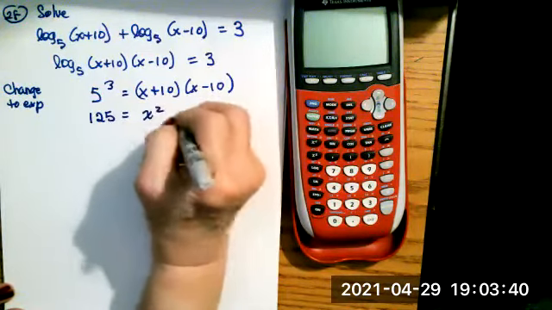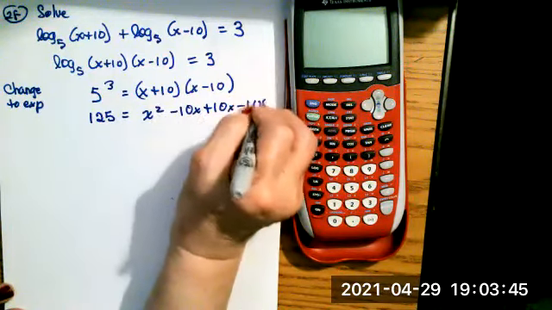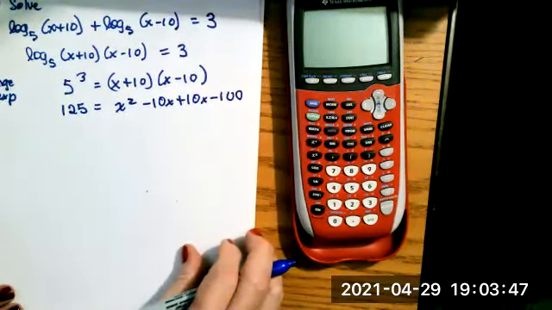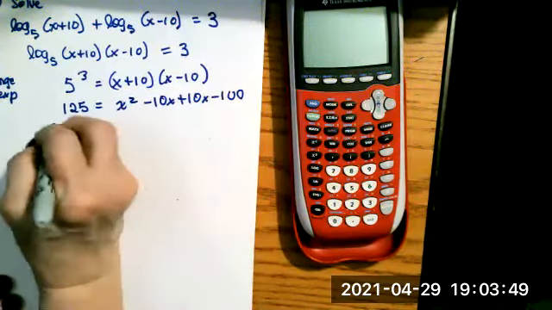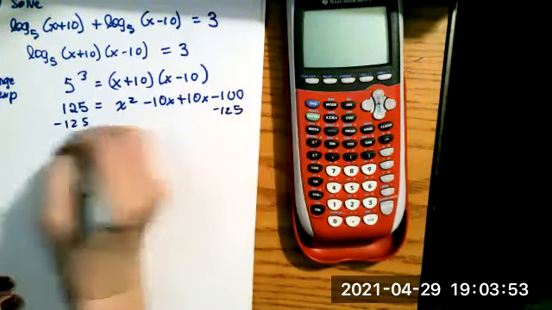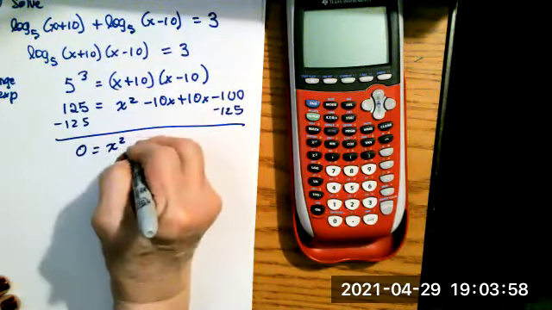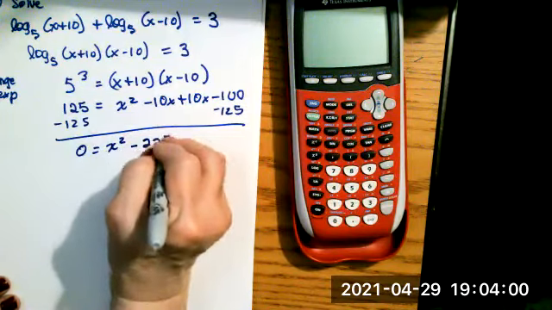This is x squared minus 10x plus 10x minus 100. So I'm going to subtract this 125 because it's quadratic. We'll have to do something about that. So I have 0 equals x squared minus 225.